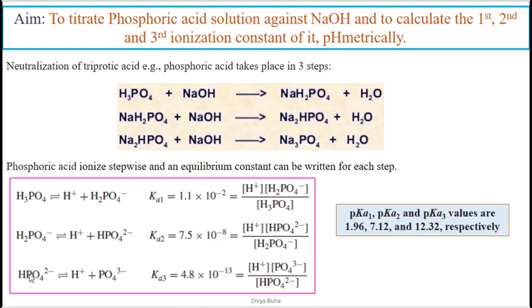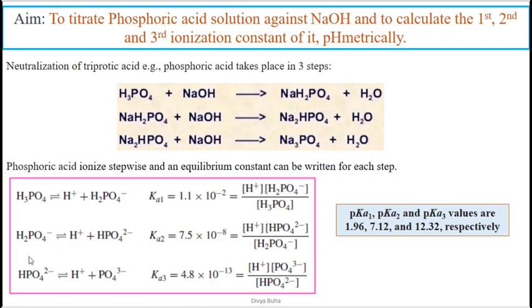Then the last proton of the phosphoric acid is again released, or you can say ionized, and it gives you PO4 3 minus, and that is Na3PO4, sodium phosphate, formed in the mixture. The ionization constant value, Ka3, is 4.8 into 10 raised to minus 13 for the last step. Now the pKa1, pKa2 and pKa3 values for phosphoric acid are 1.96, 7.12 and 12.32 respectively.